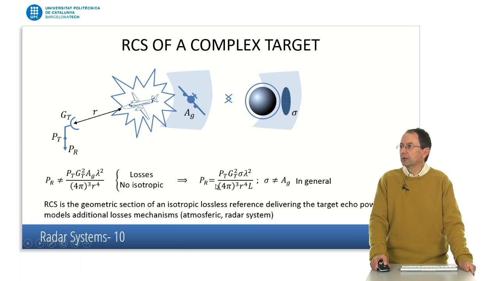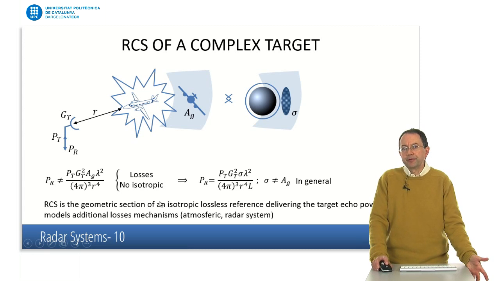So in this case, we are not going to use the real geometric section, but we are going to use the same equation as before with a radar cross-section of this target, which is the geometric area of an isotropic reference target that is equal in terms of echo power to our real target. Sigma, the Greek letter we use to denote the radar cross-section, will not be equal to the geometric area of the object in general.